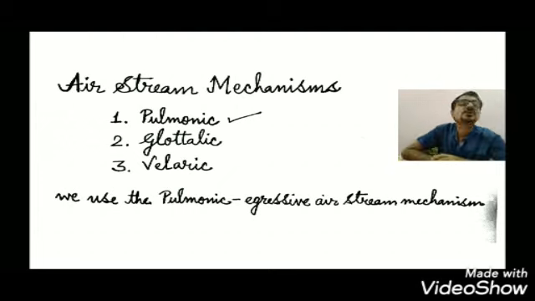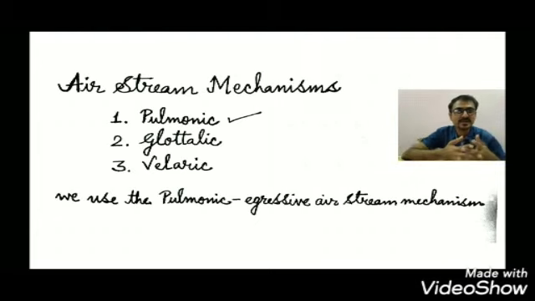Now, what is pulmonic egressive airstream mechanism? Pulmonic means lungs, the lung air, and egressive means, you already know that we breathe the air in with the help of our lungs, and we breathe the same air out.